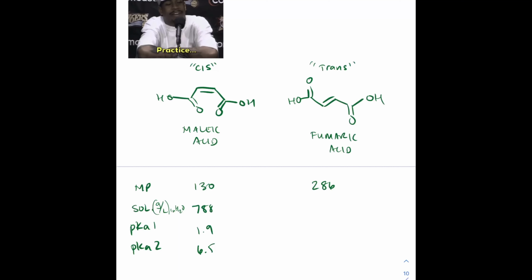The melting point is 286. Now that's crazy, right? This is degrees Celsius, so that's about 150 degrees difference. The solubility is 7 grams per liter for this particular compound, and then 3.0 for the pKa, and 4.5 for the second pKa.